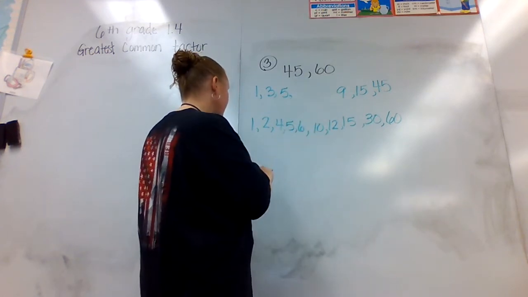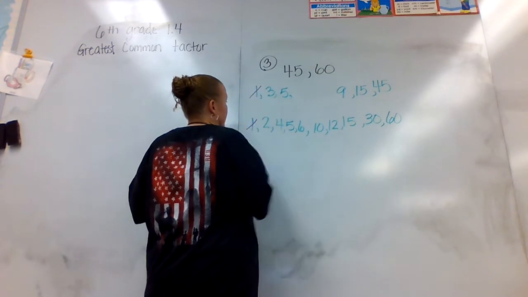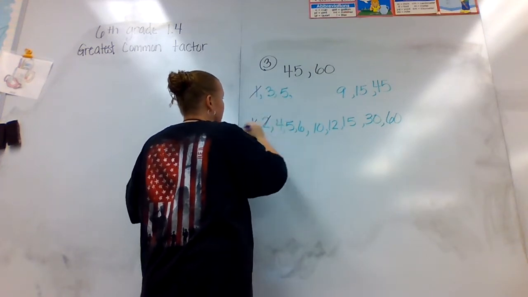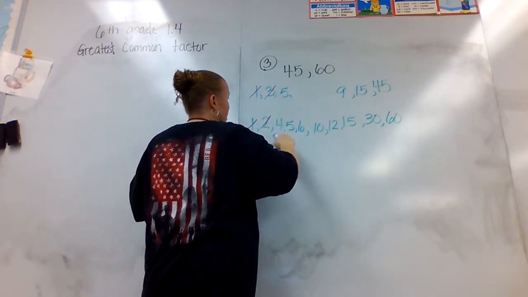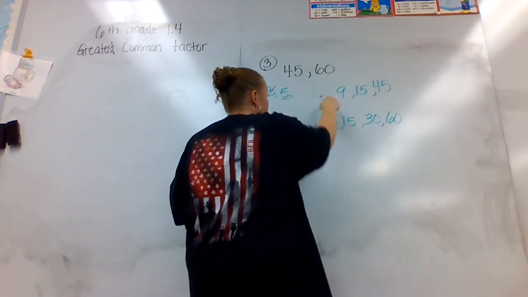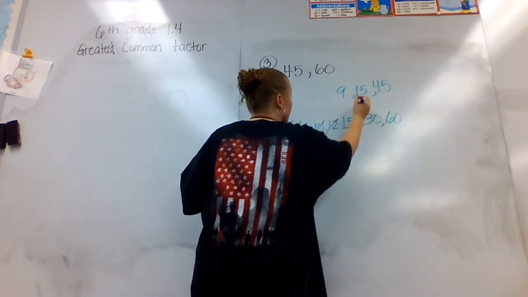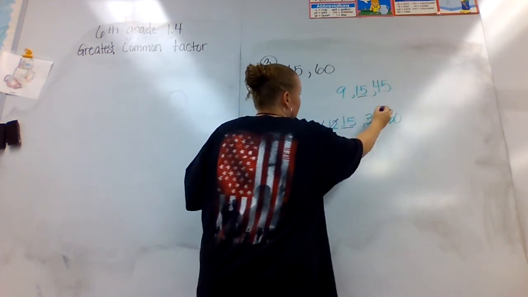So the biggest number they have in common, obviously they both have 1. Okay? Doesn't have a 2. Doesn't have a 3. Nope, they do have a 5. No 4 though. Okay? No 6. No 10. No 12. There's 15. No 30.